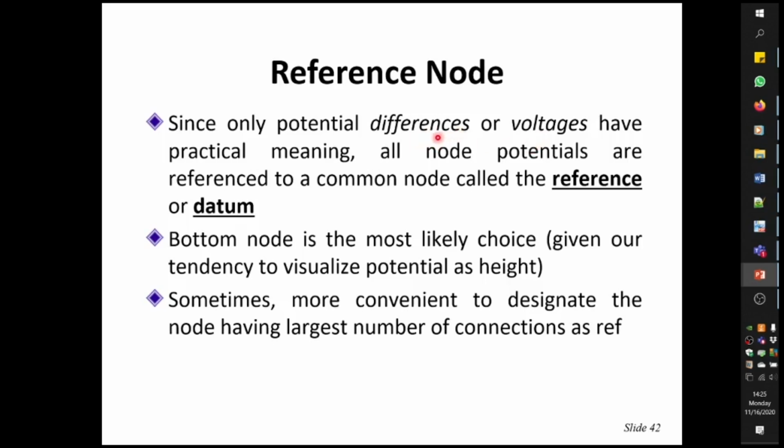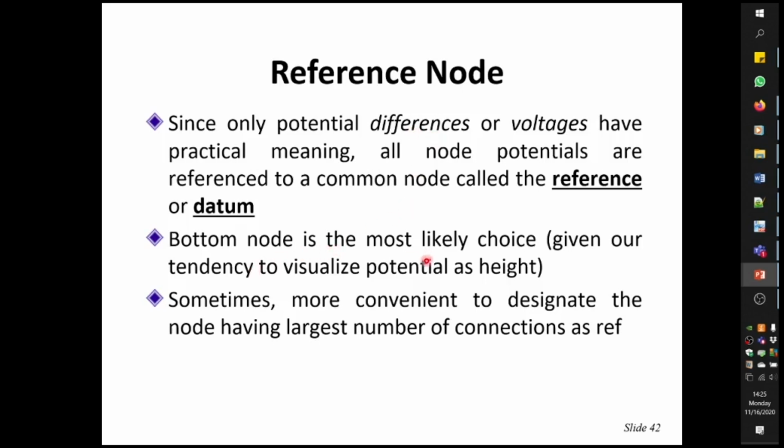When would you have a difference? When you have 2 nodes, because you sense the potential at one node with respect to the other, and the difference tells you the voltage. So the node with which you are measuring the voltage of the other node becomes the reference node.